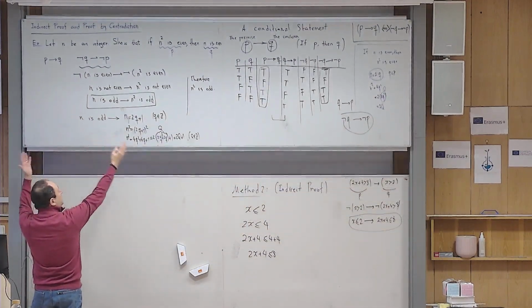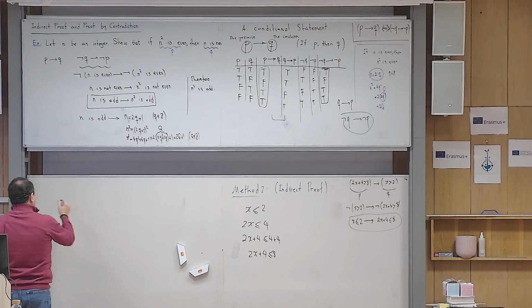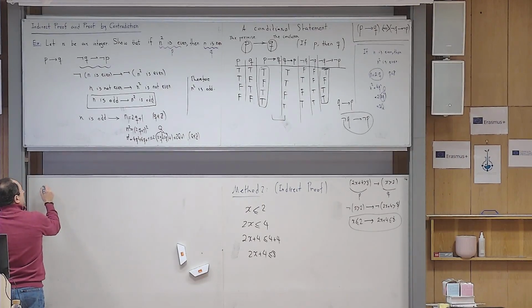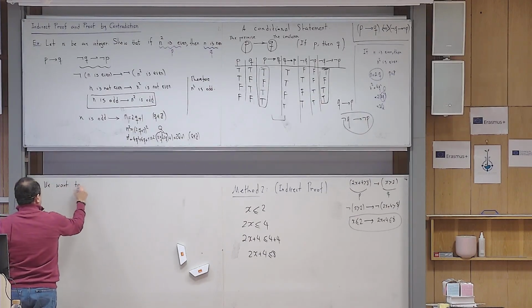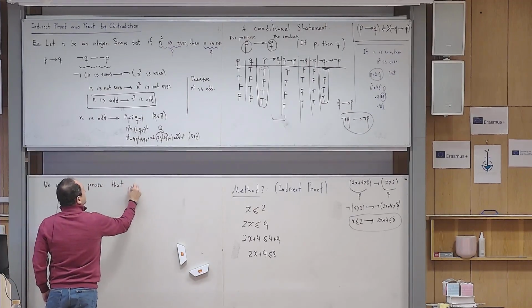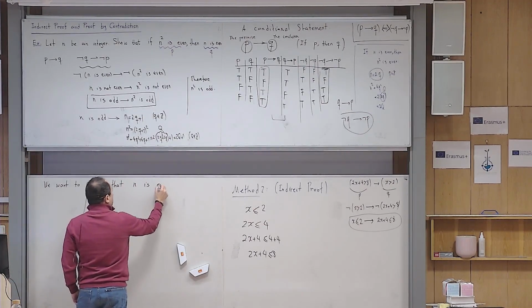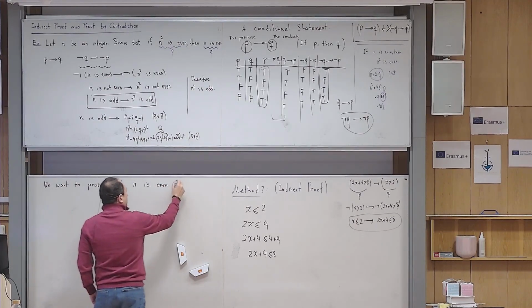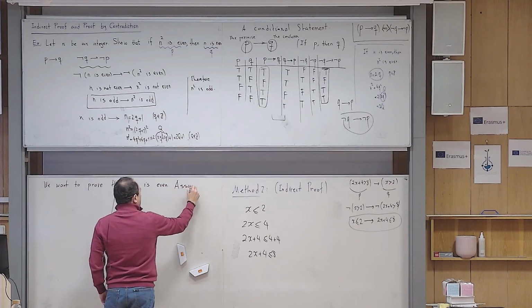You don't need to elaborate all these things. So you write that, okay, we want to prove that, something like that. You want to prove that n is even. Assume that this is not the case.